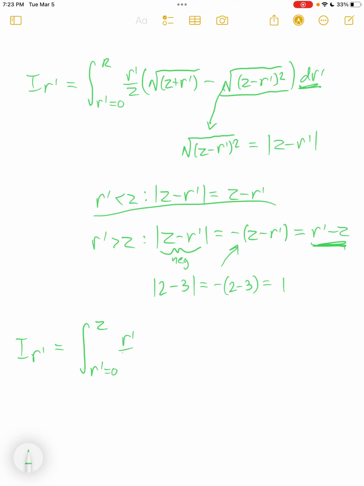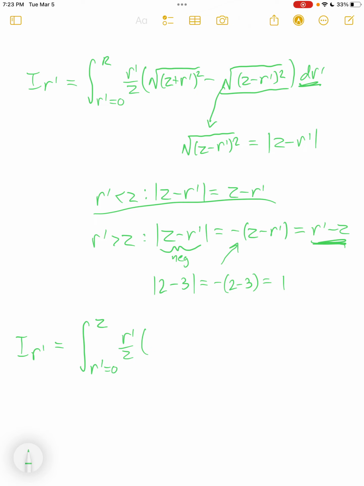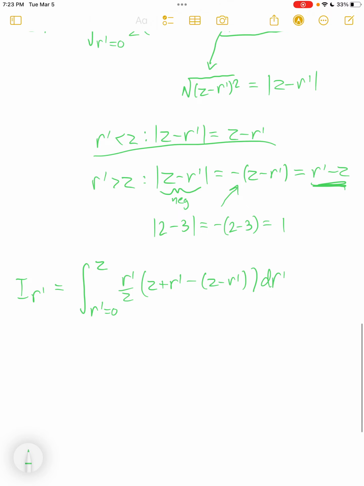So then we have r prime over z, times, sorry, I forgot a little squared there, but I caught it, z plus r prime minus z minus r prime, dr prime, plus, second condition, r prime goes from z to capital R. This is when r prime is bigger than z. R prime over z, z plus r prime minus r prime minus z, dr prime.